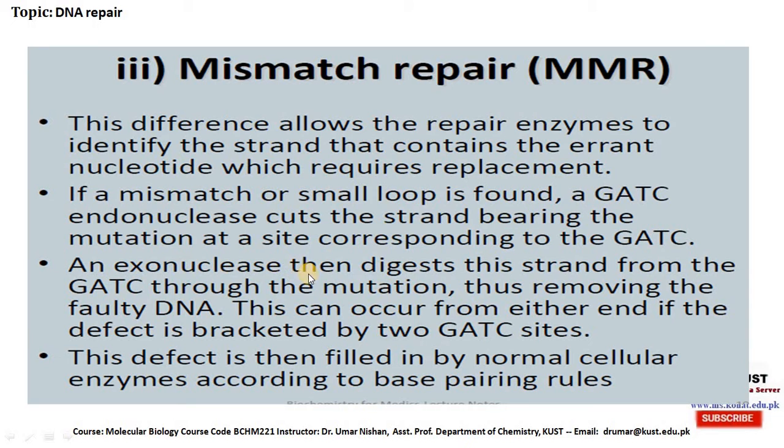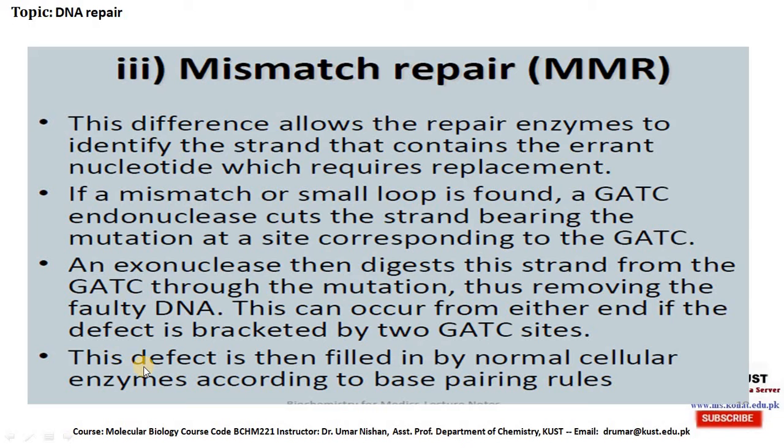An exonuclease then digests this strand from the GATC through the mutation, thus removing the faulty DNA. This can occur from either end if the defect is bracketed by 2 GATC sites.